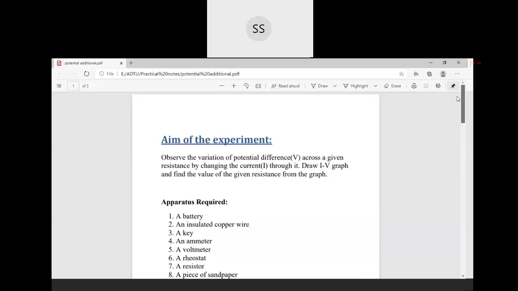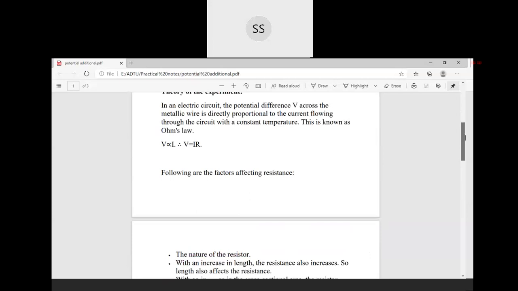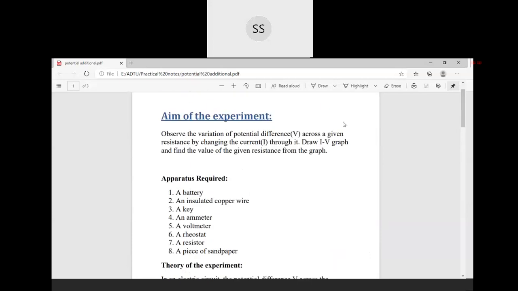In your practical copy, first you have to write down the aim, then apparatus, then the theory. Table and the graph I will share later. About the graph, we will take a meter bridge to do this experiment and change the current, and see the effect on voltage.